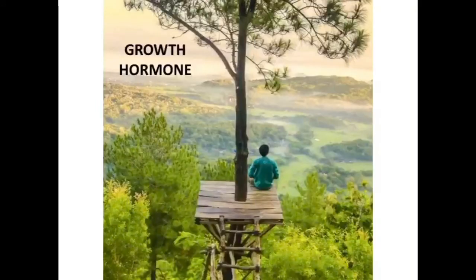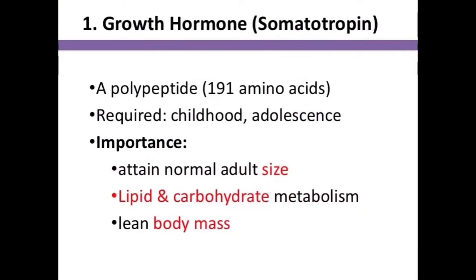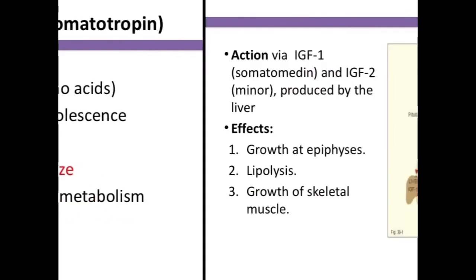Now we will talk about growth hormones. Growth hormone, or somatotropin, is a 191 amino acid polypeptide. It's required in childhood and adolescence for us to attain normal adult size. It's also essential in lipid and carbohydrate metabolism and for the body to develop lean body mass.